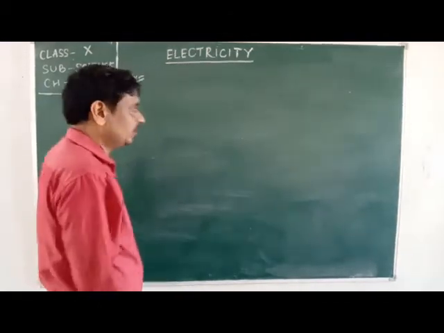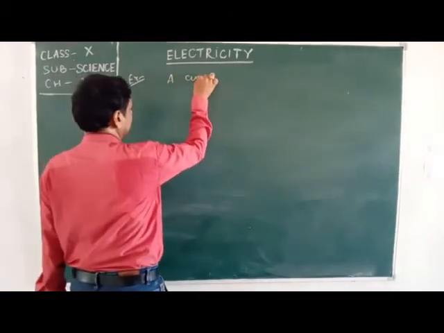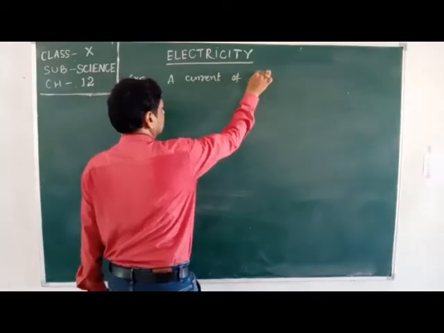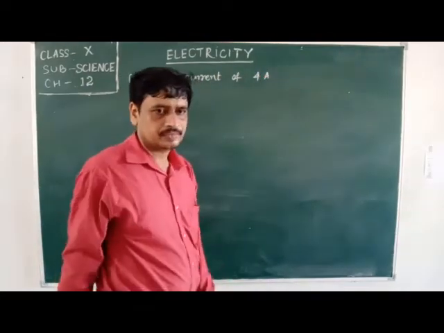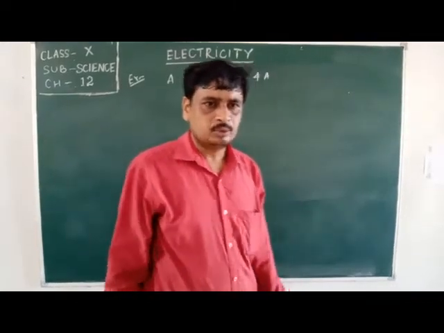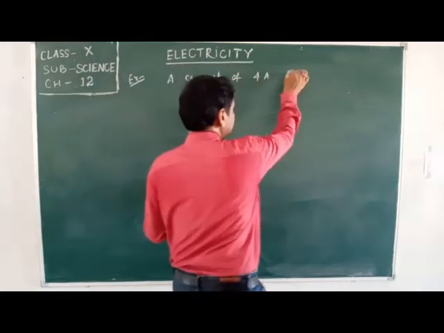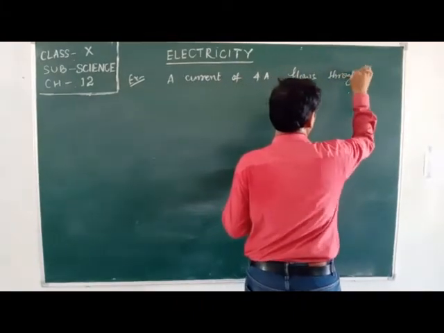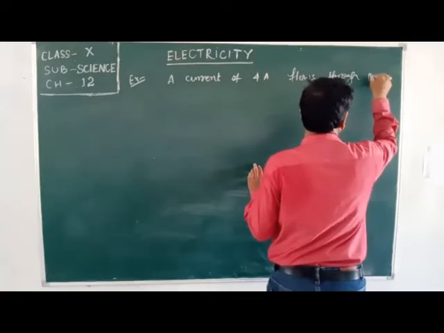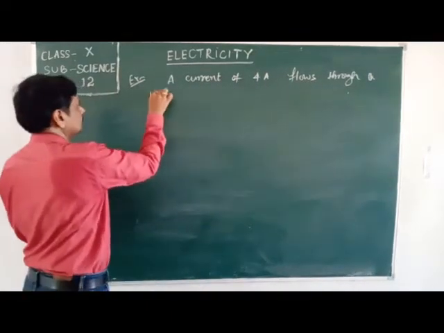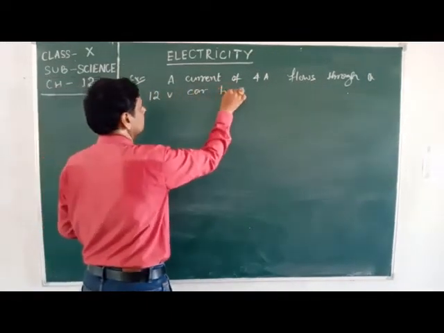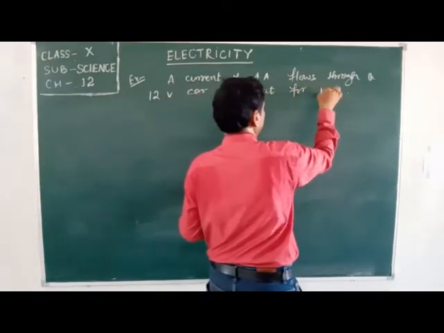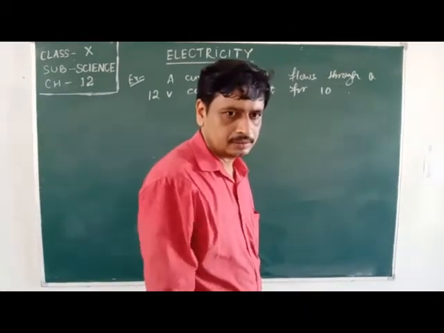A current of 4 ampere flows through a 12 volt car headlight for 10 minutes.